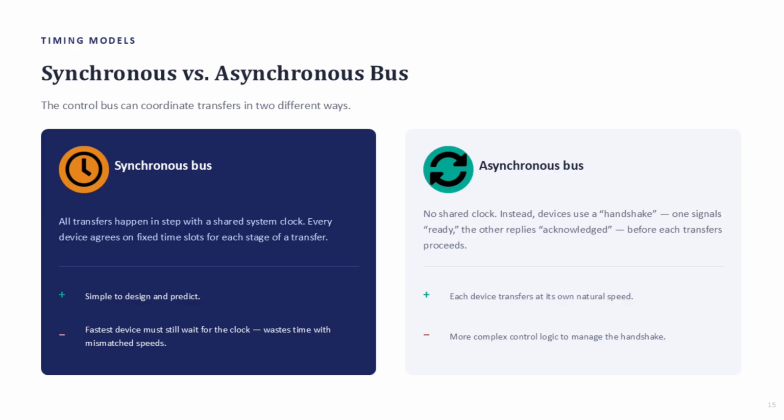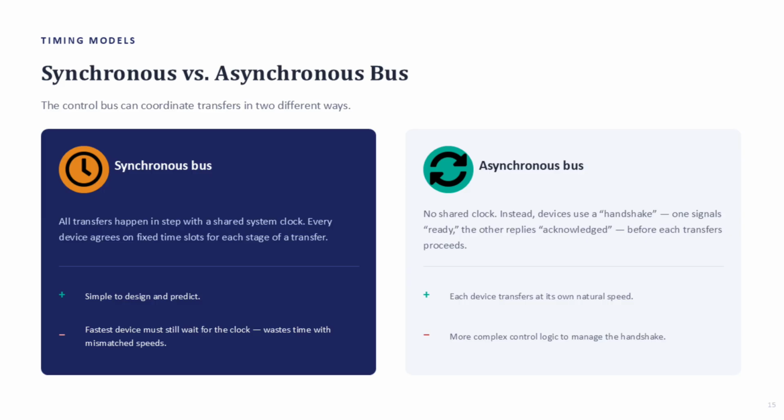A synchronous bus relies on a shared clock, making communication simple and predictable. An asynchronous bus relies on a handshake mechanism, allowing devices to communicate at their own speeds but requiring more sophisticated control. Both methods solve the same problem, coordinating communication, but they do so in different ways.